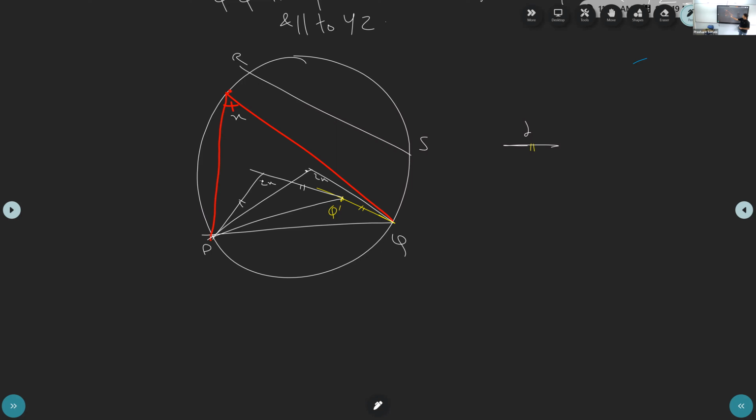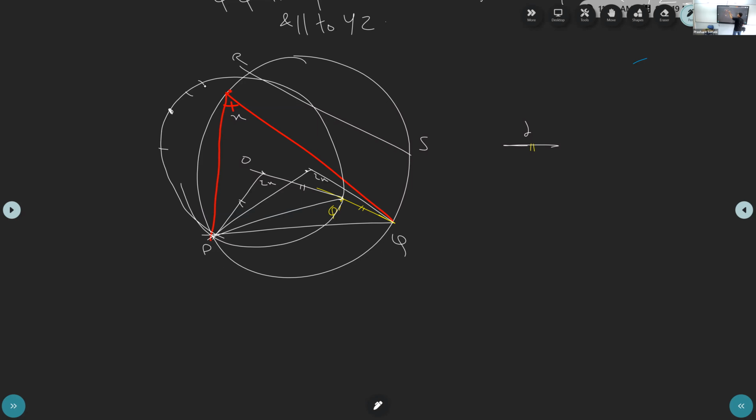Let me call this point O. And so with O as the center, if I draw a circle like this, then any point on this circle, if I join that, I will get an angle of X with respect to PQ'. So every point on this arc is going to form an angle of X with respect to PQ'.